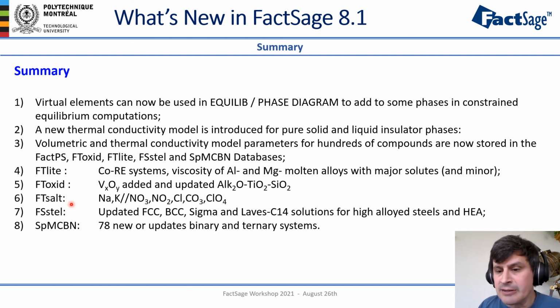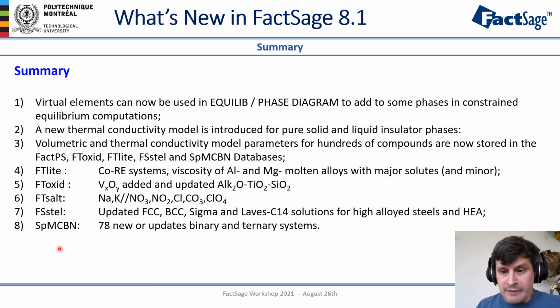In FTsalt, an exciting new list for the thermal medium of nitrates or fertilizers, including decompositions to nitrites and chlorides to perchlorates to chlorides. And FSstel, updated FCC, BCC, sigma, Laves C14 for high alloyed steel, but also high entropy alloy.